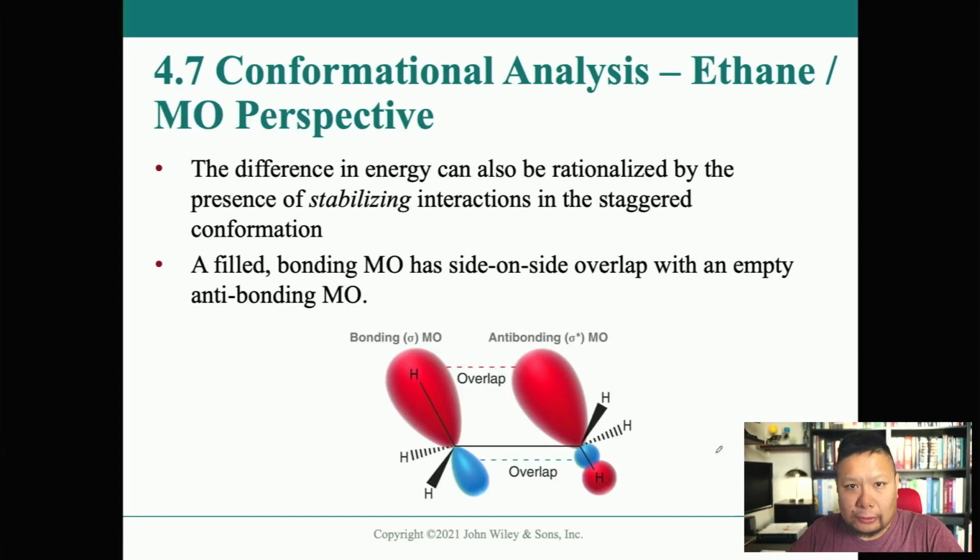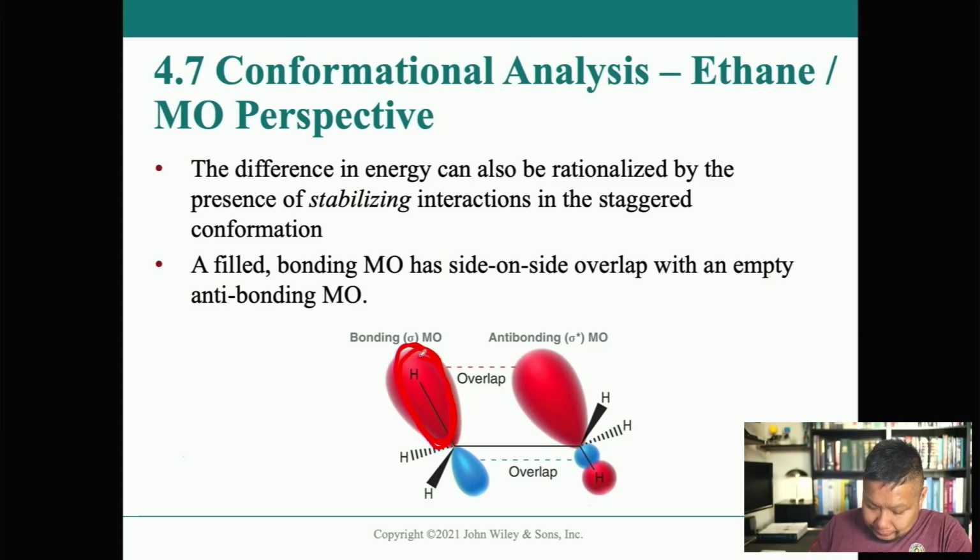Let's take a look at this from the molecular orbital perspective. The difference in energy can also be rationalized by the presence of stabilizing interactions in the staggered conformation. A filled molecular bonding orbital has a side-on overlap with an empty antibonding orbital. That makes sense. Here you have the molecular bonding orbital of one of the hydrogens.